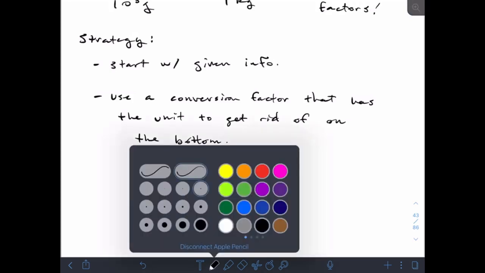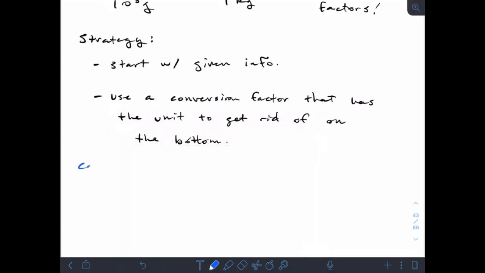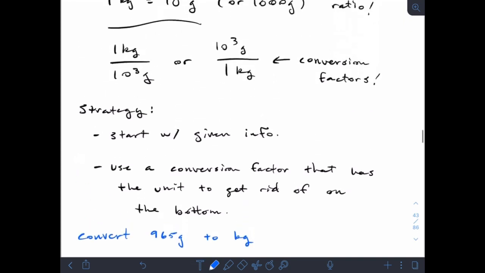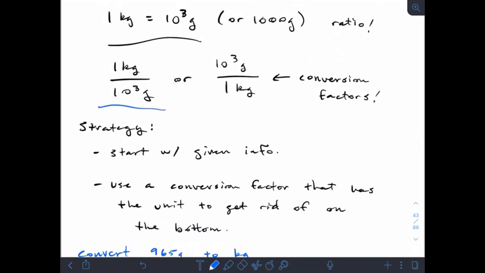So let's try a problem. We want to convert 965 grams to kilograms. We have these conversion factors up here that relate grams and kilograms.